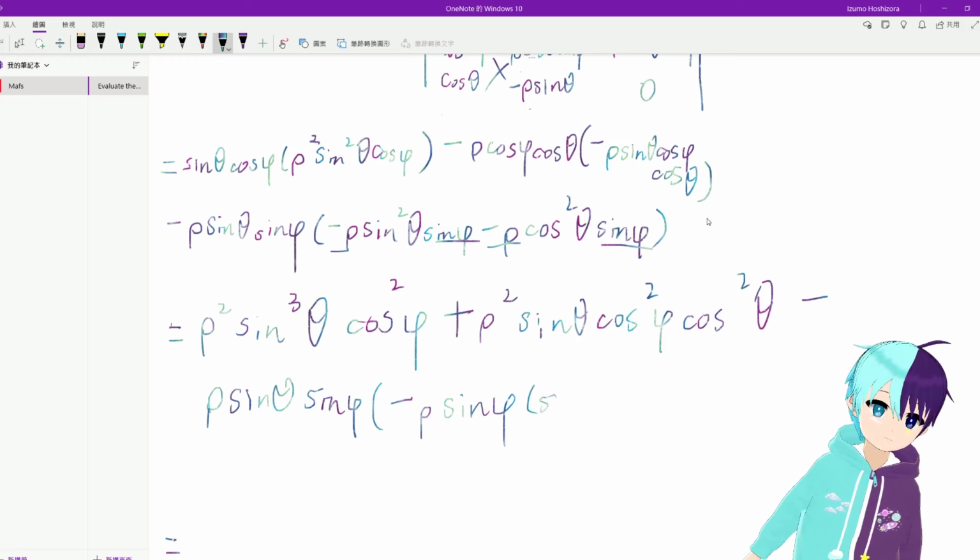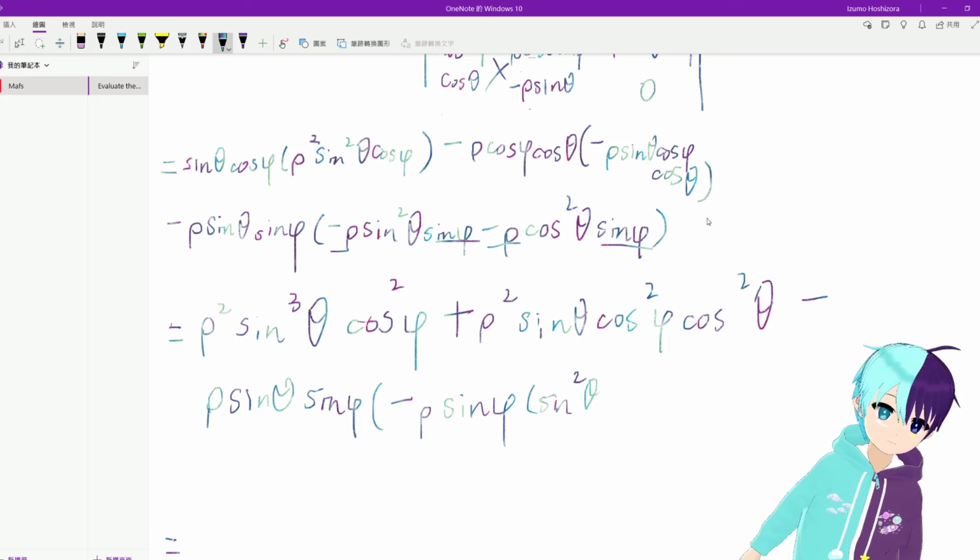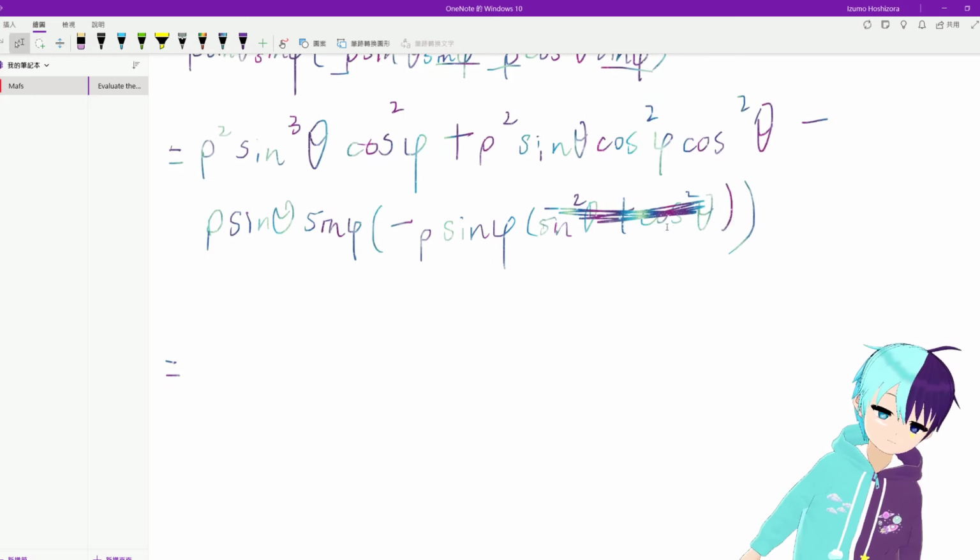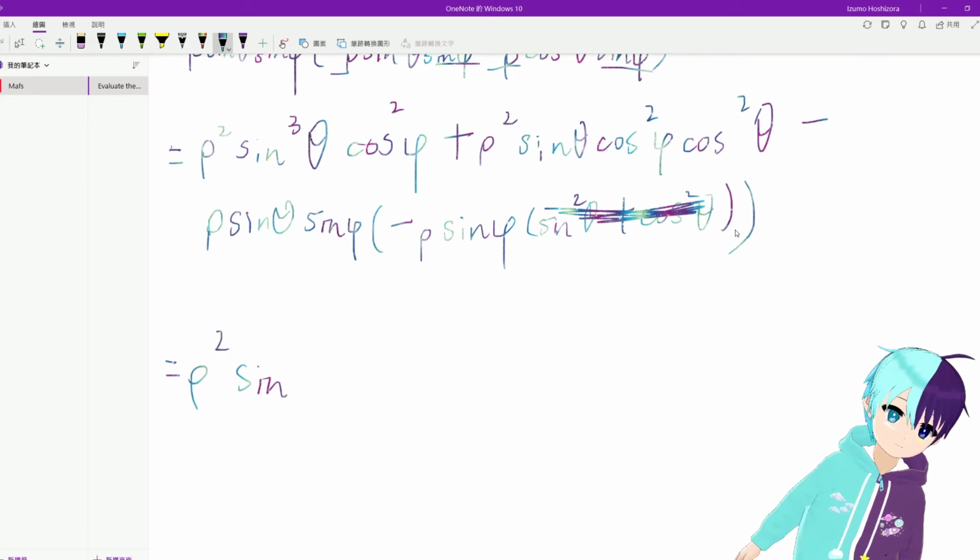And it would just leave us with sine squared theta plus cosine squared theta. So this would just be 1, because sine squared theta plus cosine squared theta equals 1. So we managed to simplify the third term a bit.